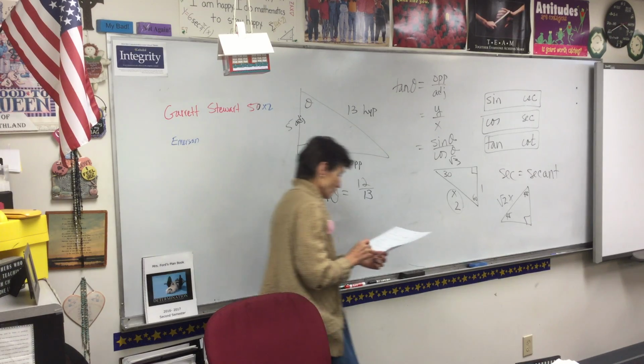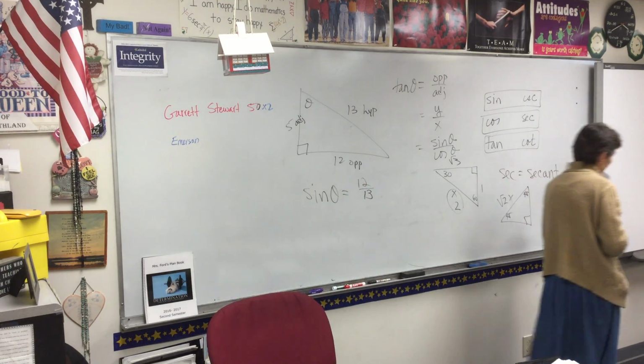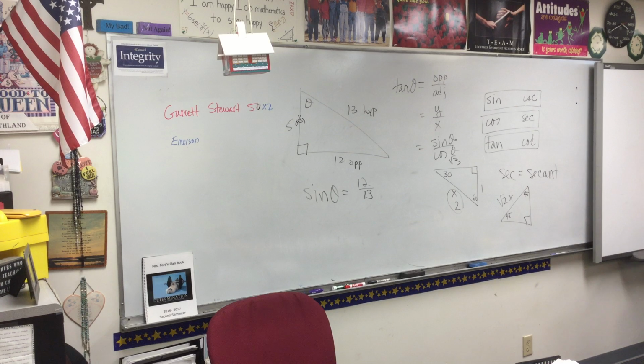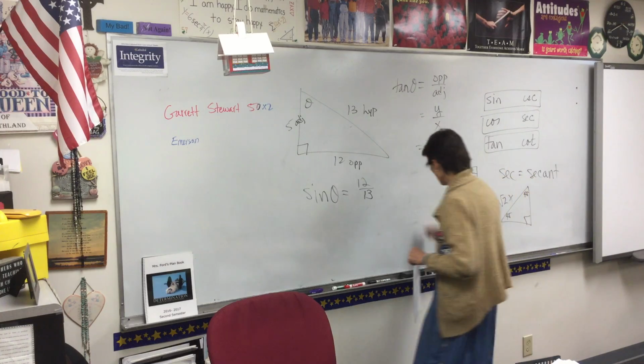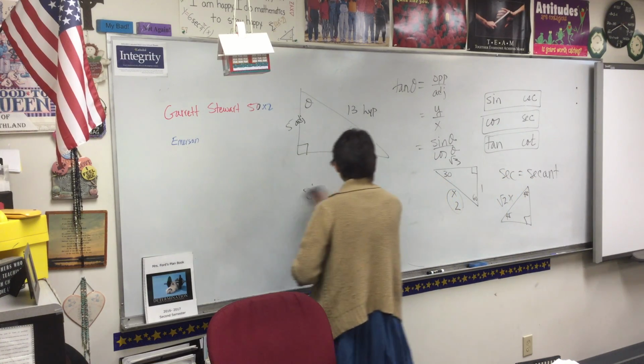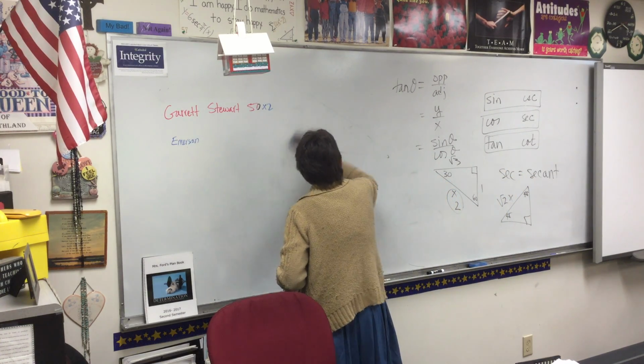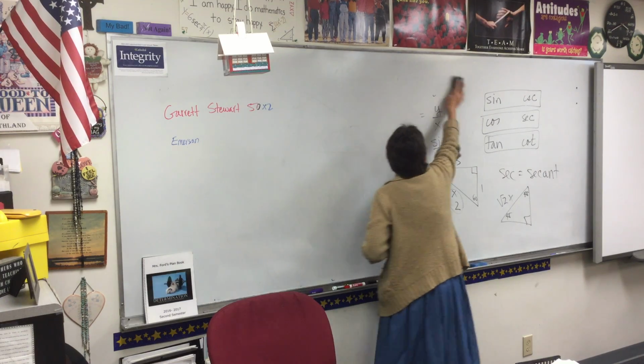And what's the abbreviation for cosine? COS. The abbreviation for cosine is COS. Okay, that's it. The rest of that practice is going to be on your own. You see what kind of problems I'm going to ask you. Make flashcards if that helps.